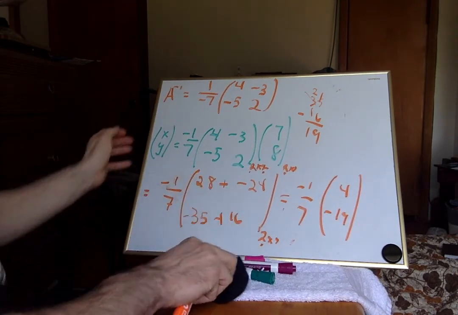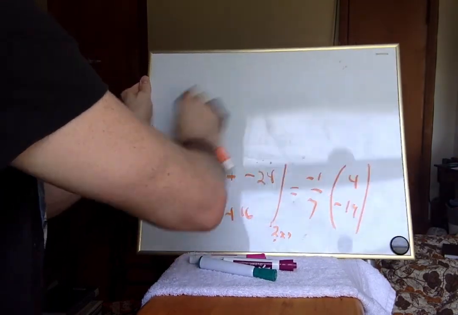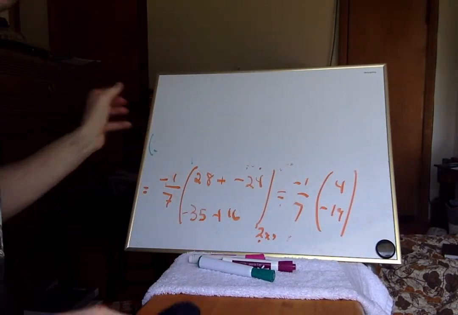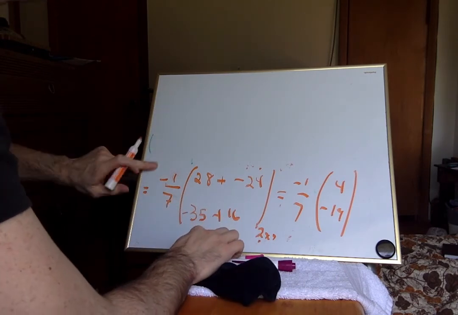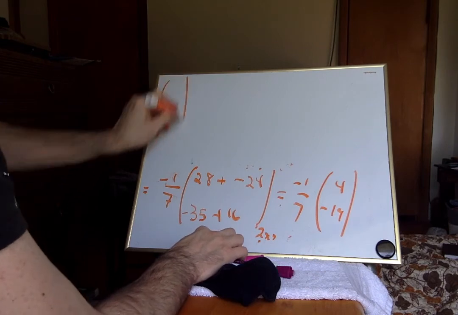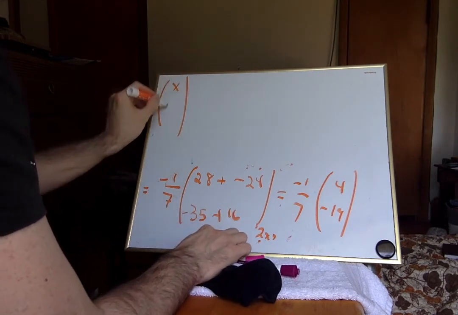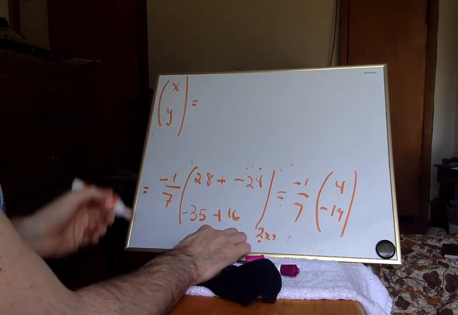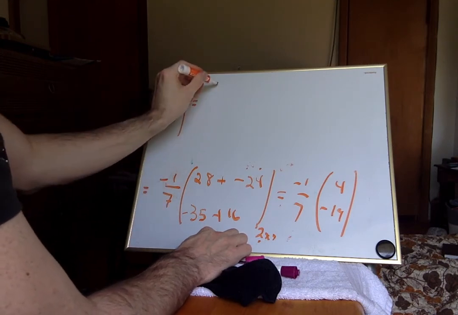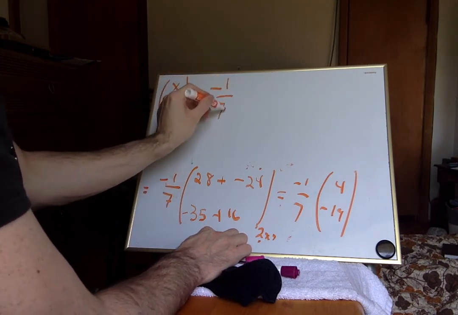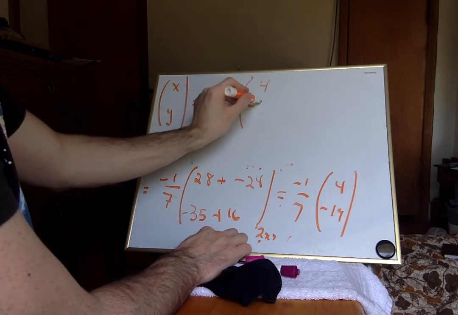Okay, so what this tells us, after we're totally done, I don't have that equation memorized that I started off with, but you've probably written it down while you're watching this video, and so you can just reference back to it. What it tells us is that the vector [x; y] is equal to negative 1 over 7 times [4; negative 19].